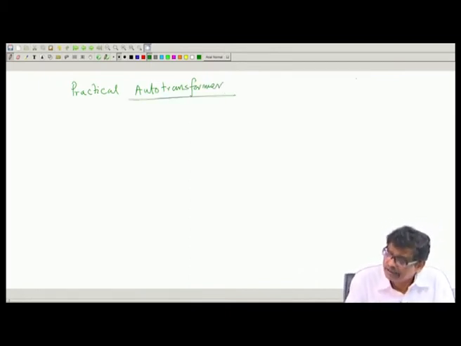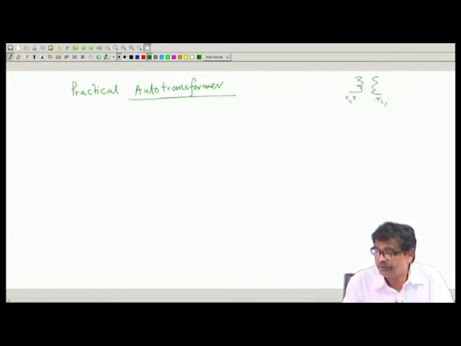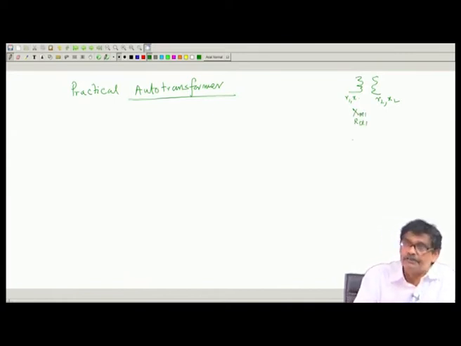In a practical two winding transformer, we know you have to take R 1 X 1, R 2 X 2, and then magnetizing reactance X m, R C L, core loss component of resistance, all these things you have to bring here.